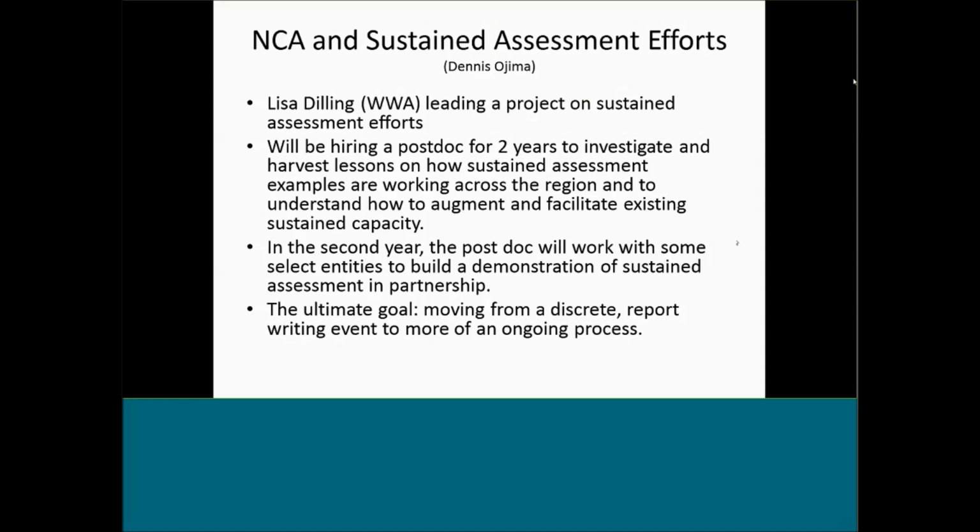Some words on the NCA and the sustained assessment effort. So a number of you know that with the National Climate Assessment, the current thinking is really looking at a sustained assessment built upon research efforts and findings in the interim years and trying to have this as an ongoing process.